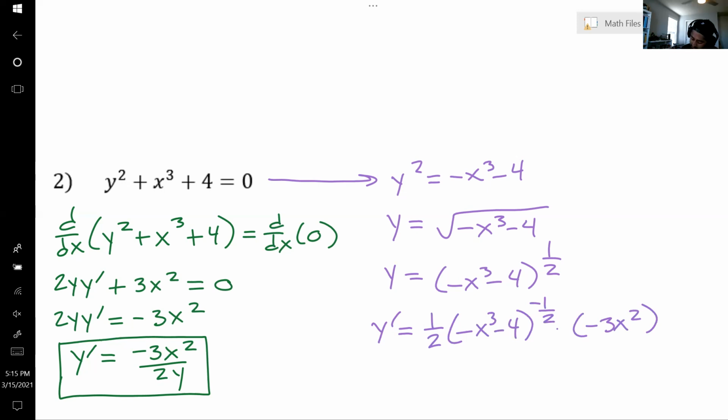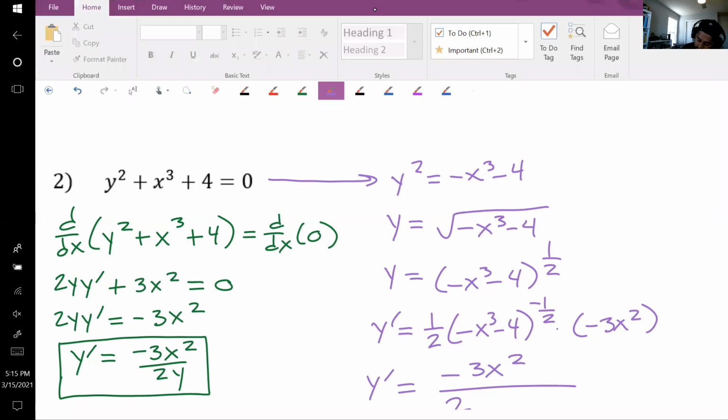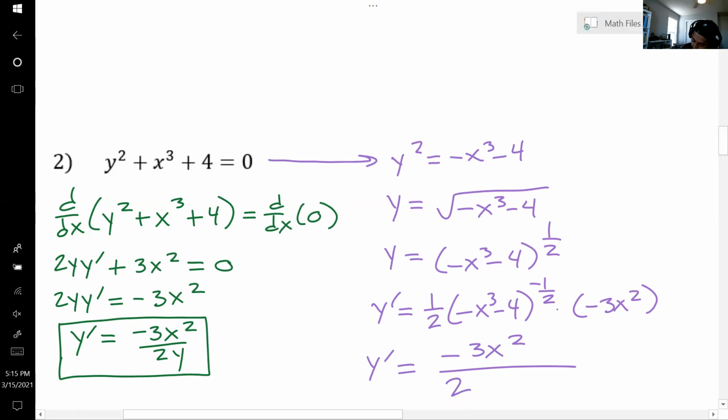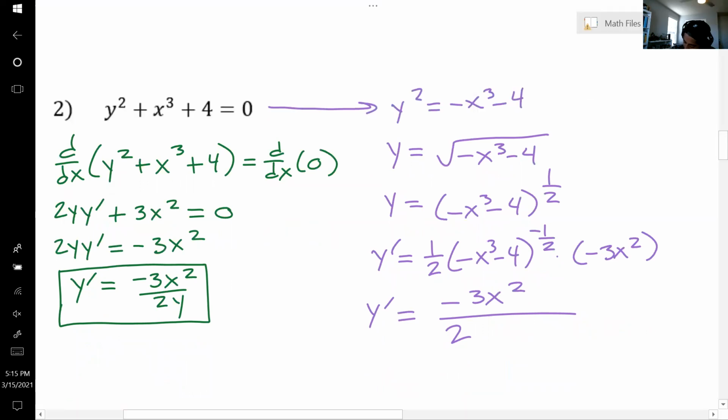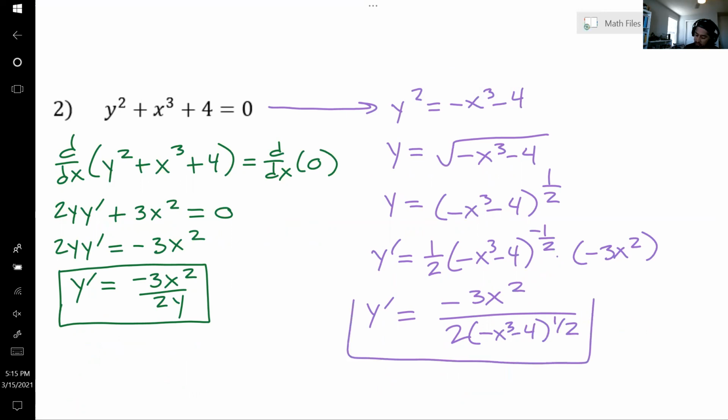And the way I can rewrite this final derivative is as negative 3x squared over 2 times negative x cubed minus 4 to the 1/2. And believe it or not, these two answers are equivalent.